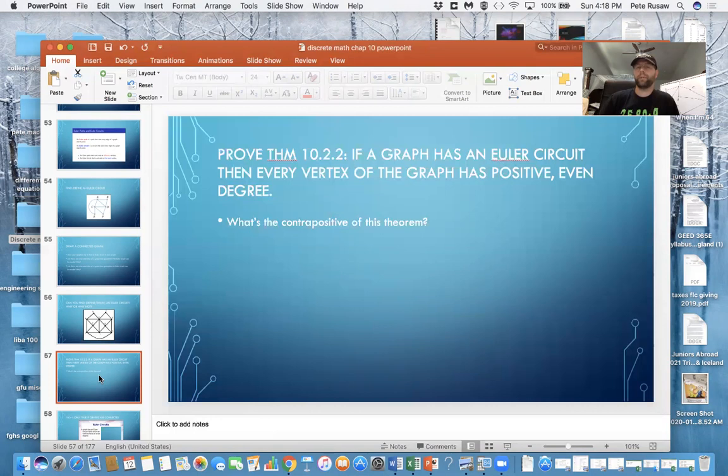We'll just do the forward part of this proof. If you've got an Euler circuit, that means you start somewhere and you come back to it. So leaving it and returning to it is of even degree. Now, if you have to come back to that in the middle of your circuit, that's okay. Euler lets you return to vertices.